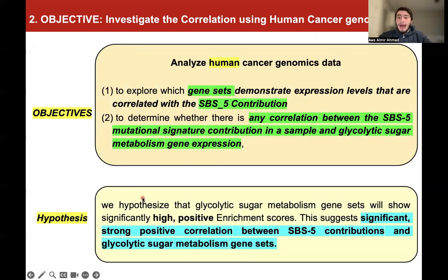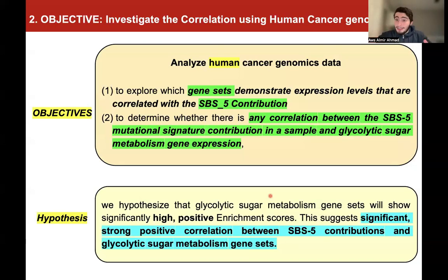In other words, I'm comparing samples that have high SBS5 contribution and samples that have low SBS5 contribution, and screening whether the expression of the sugar metabolism genes in the high or low samples are different, whether there is a significant relationship between high SBS5 mutational signature and glycolytic sugar metabolism gene expression.